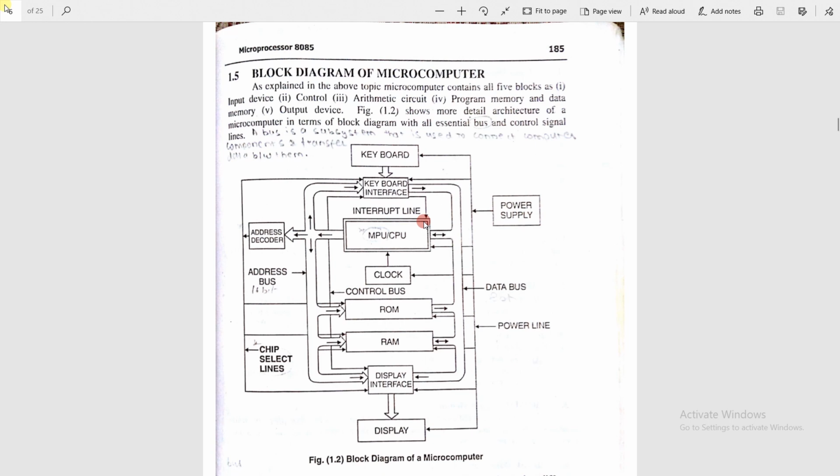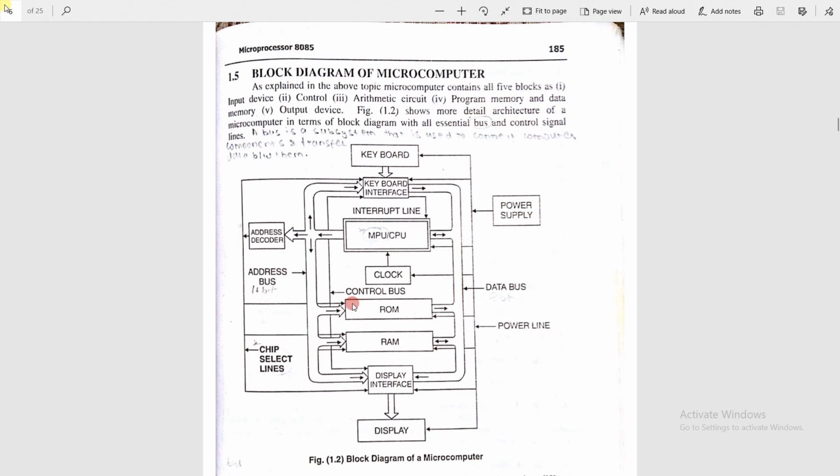After the microprocessor completes the current instruction which is in execution, it stops the normal execution and jumps to a special group of instructions in its monitor program. Monitor program is nothing but ROM. Can you see? This is ROM.